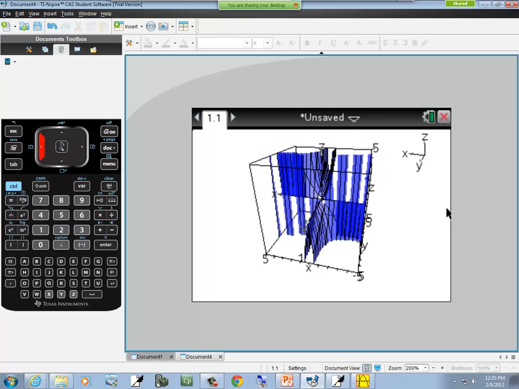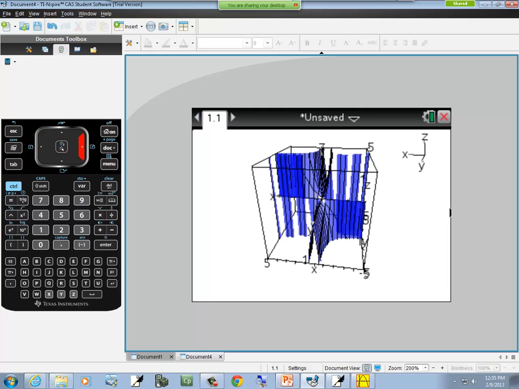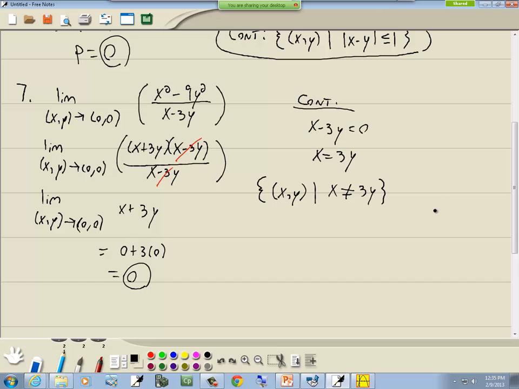We got some different gaps in our graph here, and that indicates where the places are that you can't have. And again, it's an exaggerated view in this. X and y are still real numbers, but that'd be our continuity.